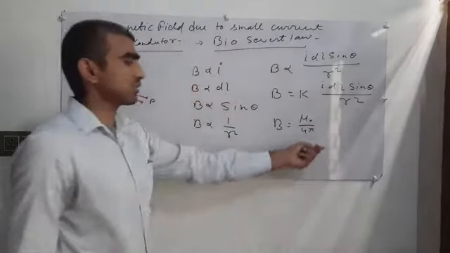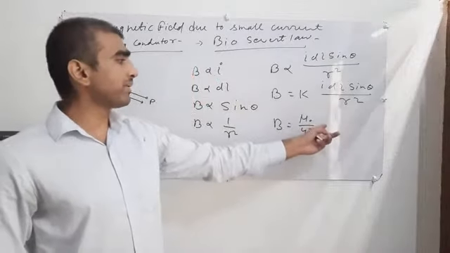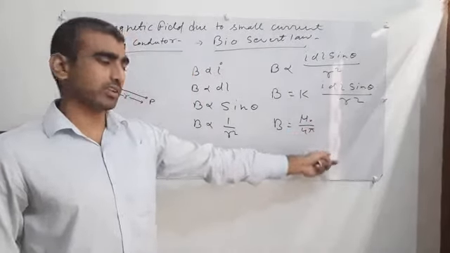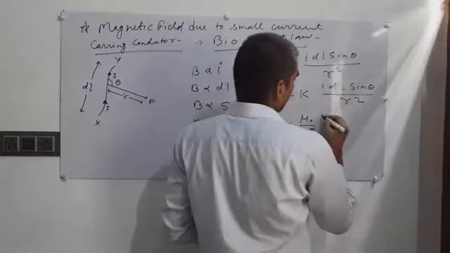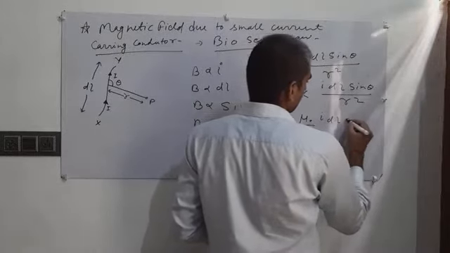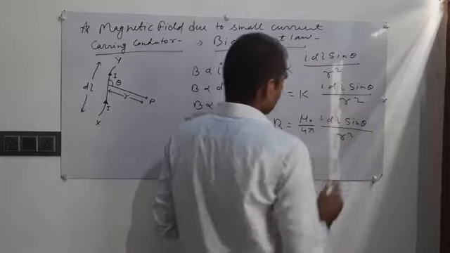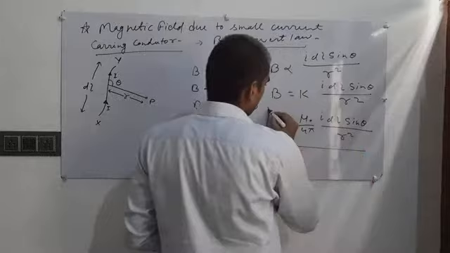This is the constant value, and mu naught is the permeability of free space. So B equals mu naught upon 4 pi, I dl sine theta upon r square. This is your Biot-Savart law.